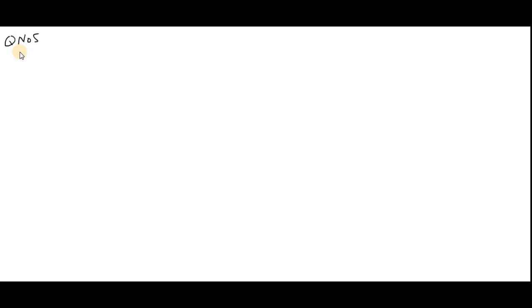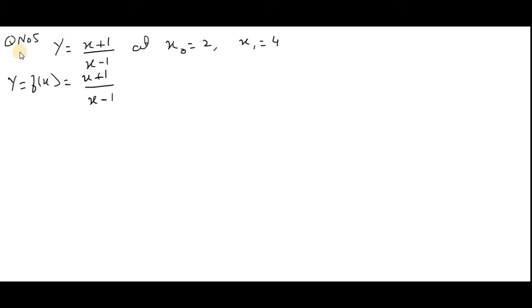Question number 5. We have y is equal to x plus 1 over x minus 1 at x0 is equal to 2 and x1 is equal to 4. Again, first of all, we will define it in terms of f of x as x plus 1 over x minus 1.